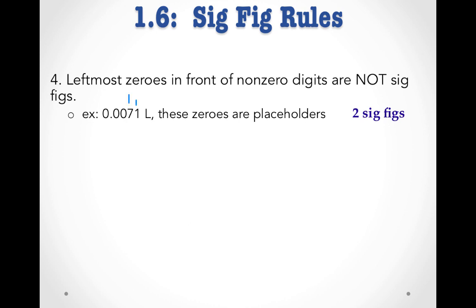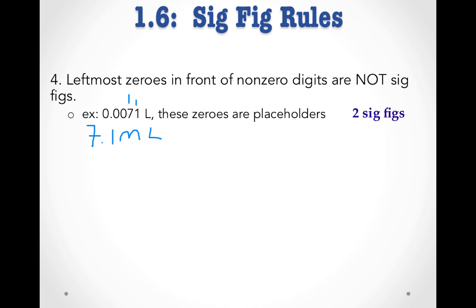To further demonstrate that these zeros are placeholders, consider this. We could get rid of them without changing the measurement. We could, say, convert units and call this 7.1 milliliters. The zeros are gone and our measurement hasn't changed, and it still has 2 sig figs.